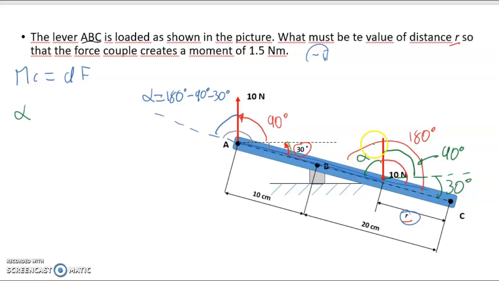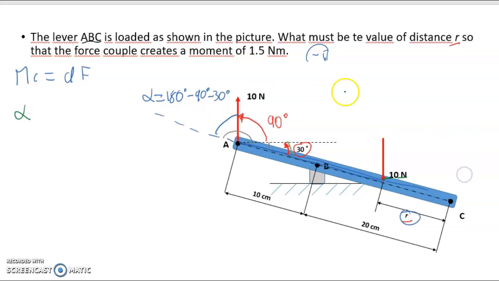So once again, I can calculate alpha based on 180 minus 90 minus 30 degrees. The value of that angle is 180 minus 90, that's 90, minus 30. That makes alpha 60 degrees.